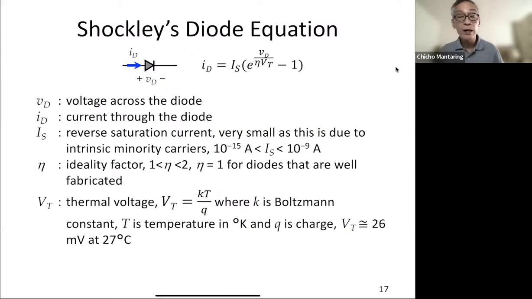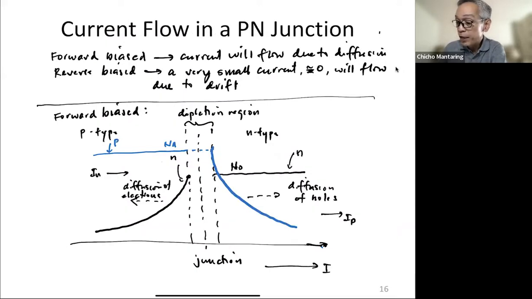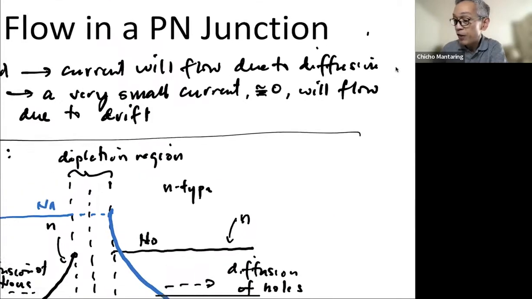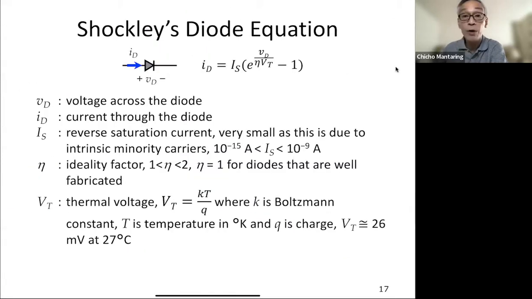Okay, we're not going to go through the derivation, but you see exponential decays here, no? That sort of gives you a hint that your current components are going to be exponential in nature. So what is the relationship between voltage and current in a p-n junction?